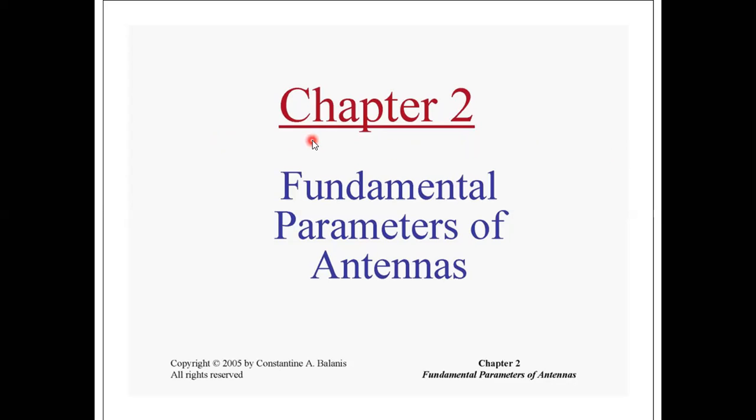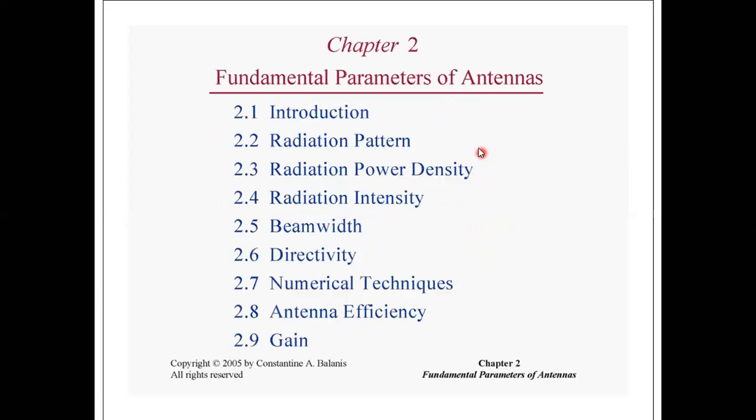So, in this video lecture, I am going to explain the fundamental parameters of an antenna. Before going into the details, I would like to explain what these parameters are. The first parameters are radiation pattern, radiation power density, radiation intensity, beam width, directivity, numerical techniques, antenna efficiency, and gain. All these are called fundamental parameters of an antenna.